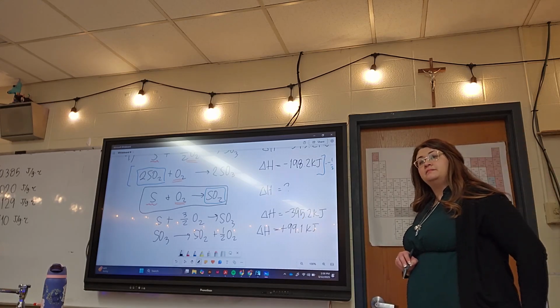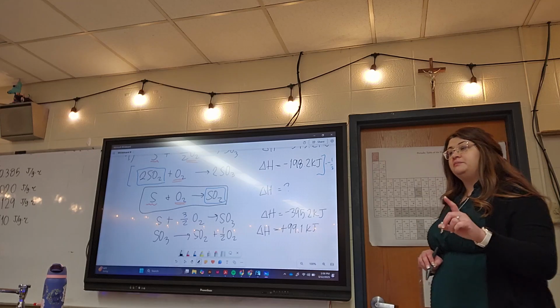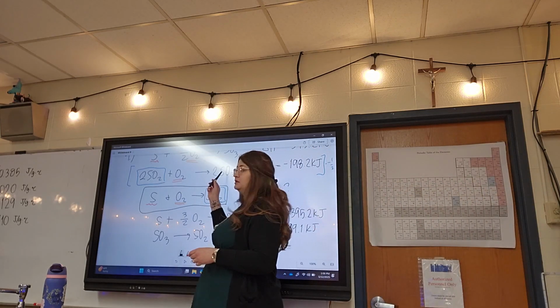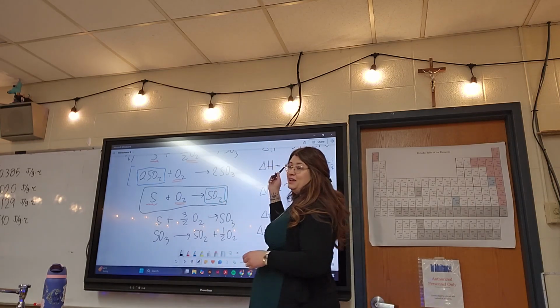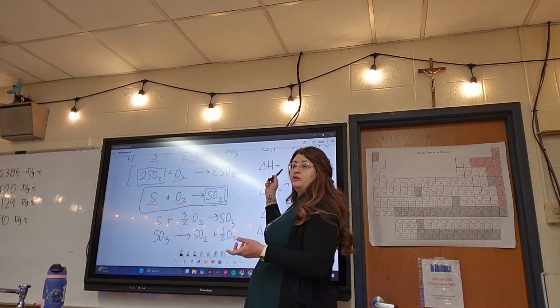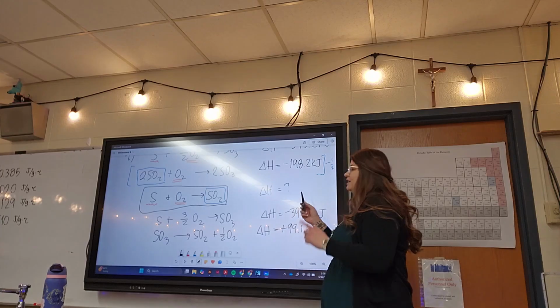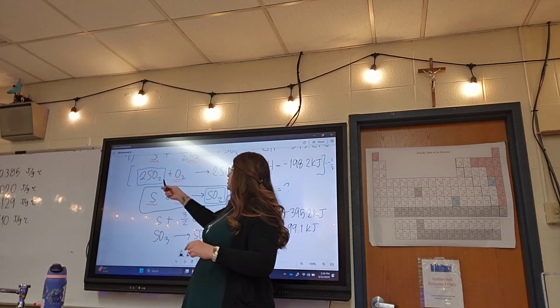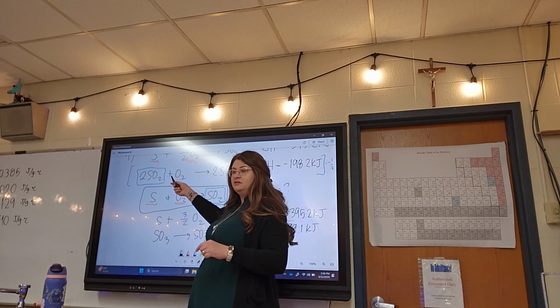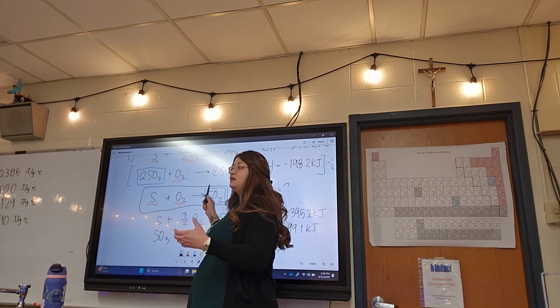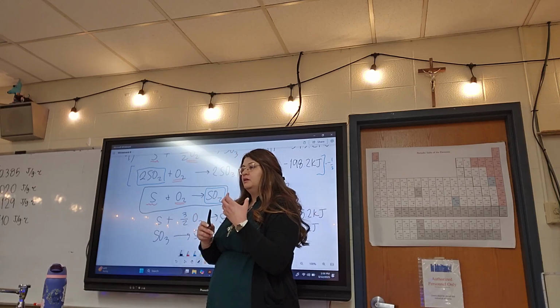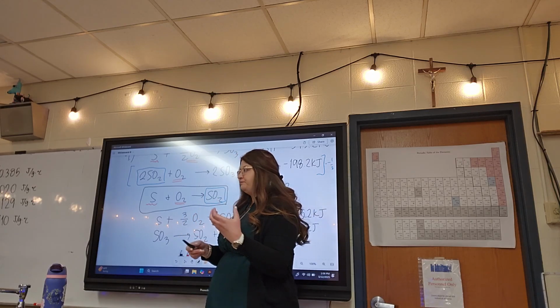Demetrius, why do we use negative? Good question. When the reaction proceeds in this direction, the enthalpy tells me that it will produce almost 200 kilojoules of heat. If we're reversing it, this would be like your phone's battery being used up, and you would be able to do stuff on your phone.